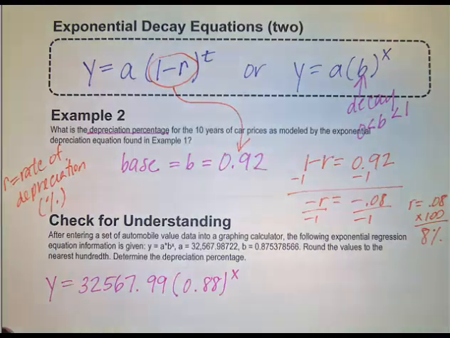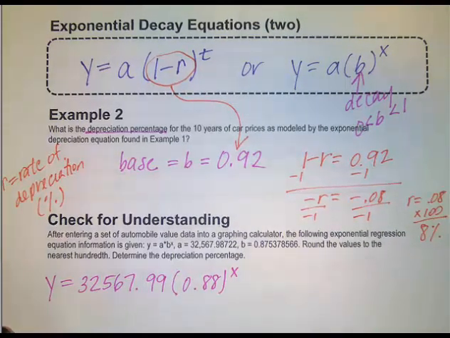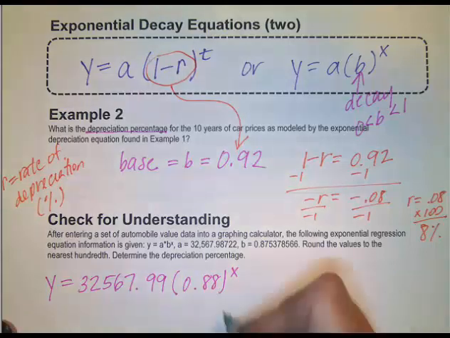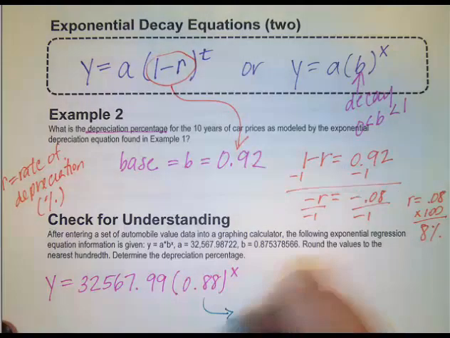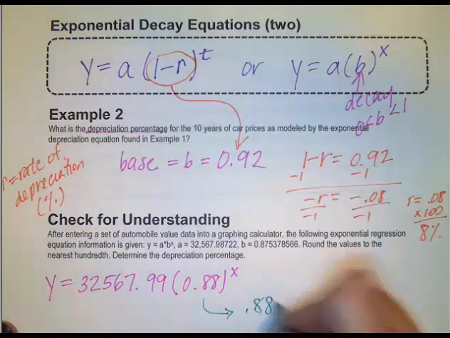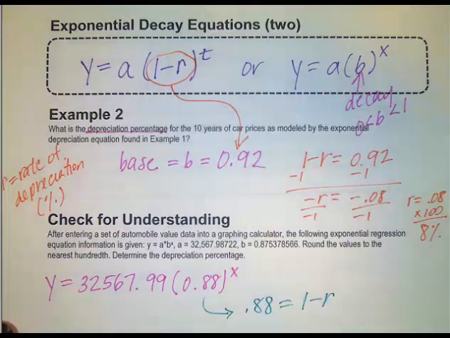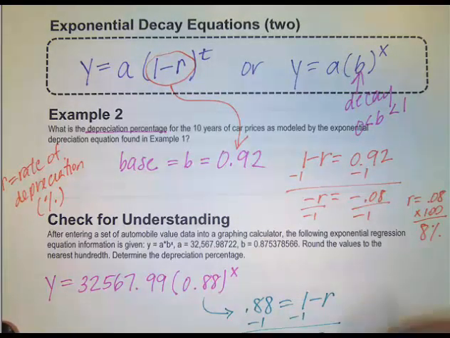So writing the equation should have been easy. Now again, because that thing in parentheses, that base, is less than 1 but greater than 0, we know that 0.88 equals 1 minus r. So we're going to subtract 1. So we get negative 0.12 equals negative r. Divide by negative 1.